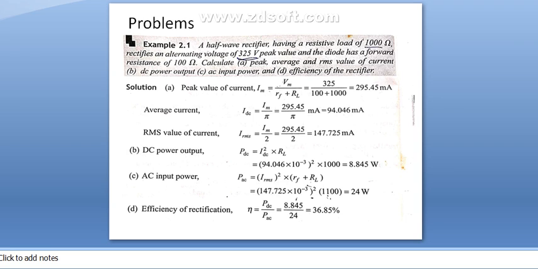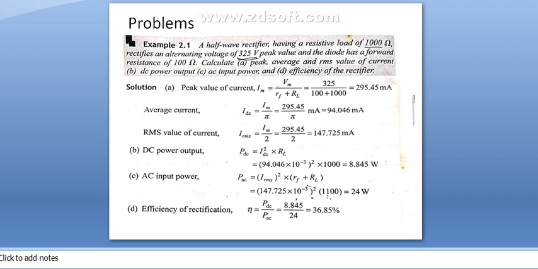Here the given values are: diode forward resistance is 100 ohms, RL is 1000 ohms and Vmax is 325 volts.